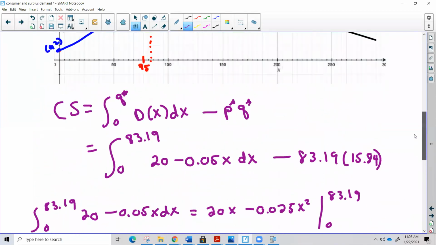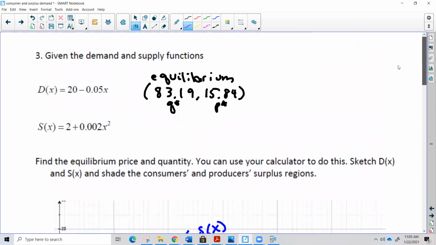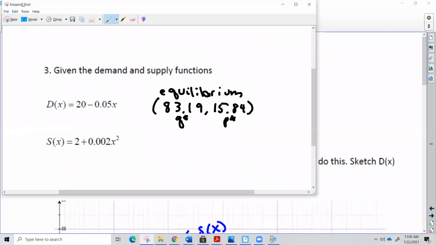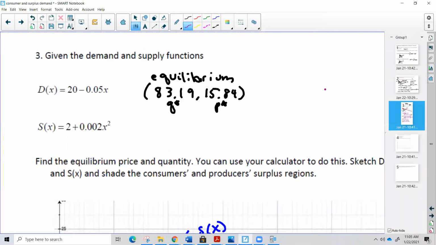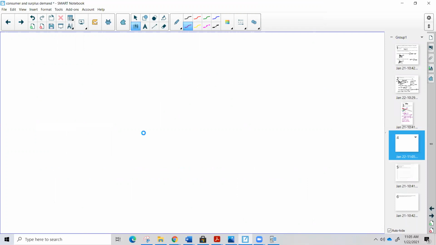Okay, so then we need to do the producer surplus. I'm just going to do that on the next page since I have so much on this page.